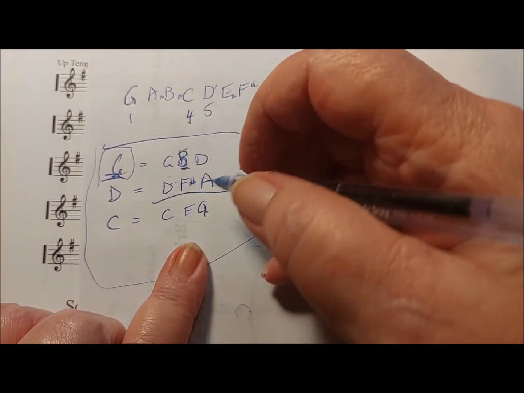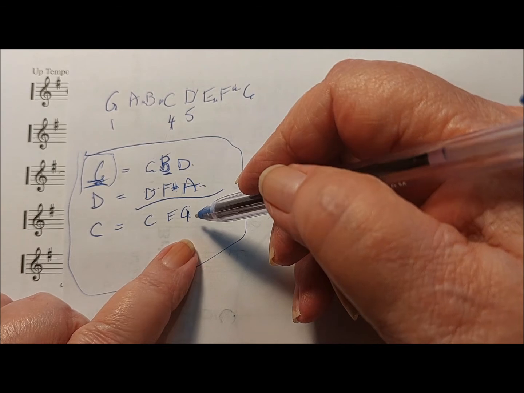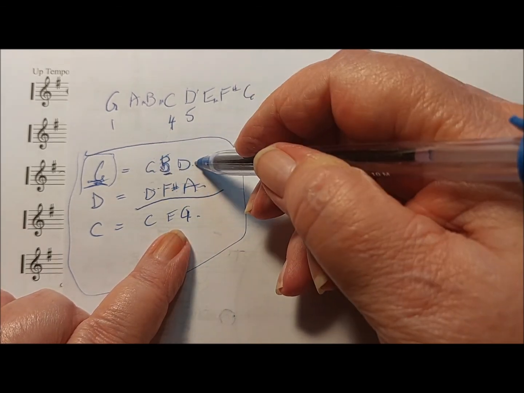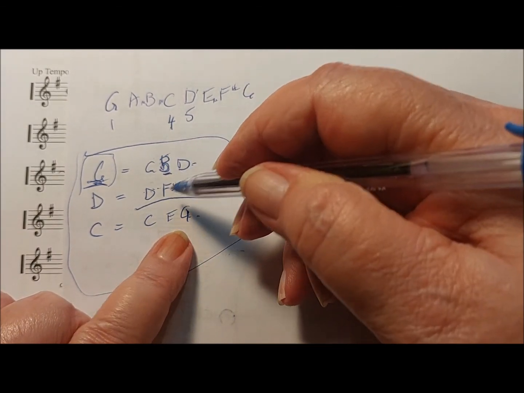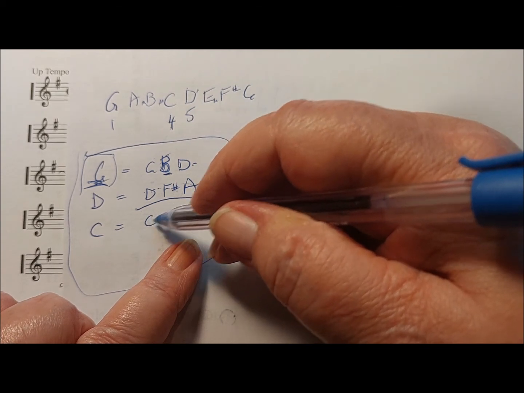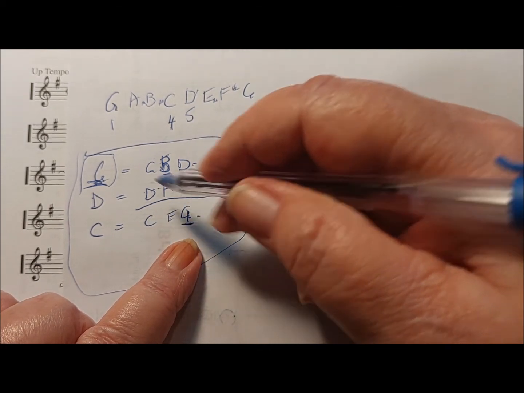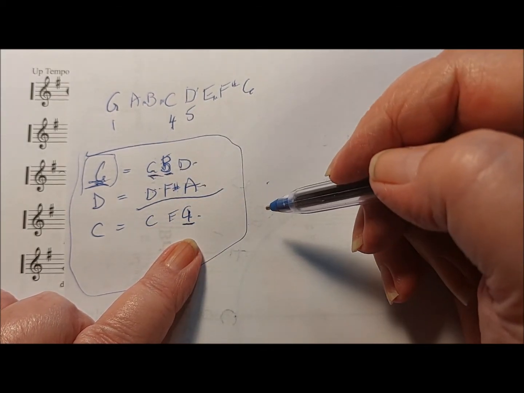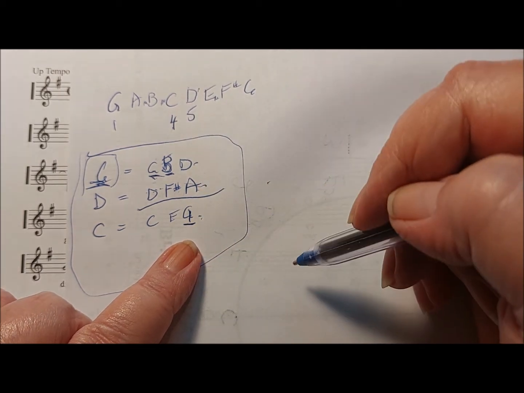The note G could either be harmonized with a G, B, D, or it could be harmonized with the C because we got C, E, G. We got G in both of those chords.